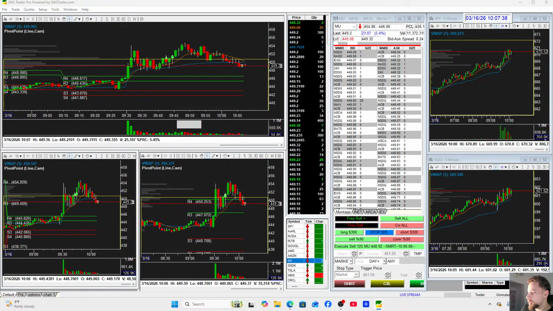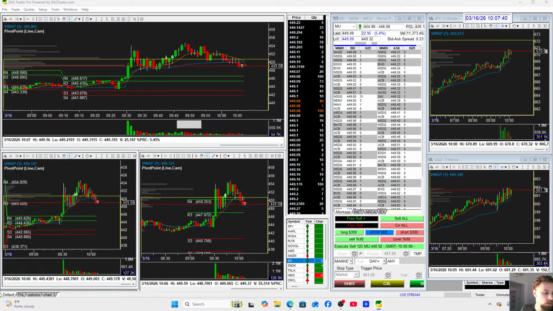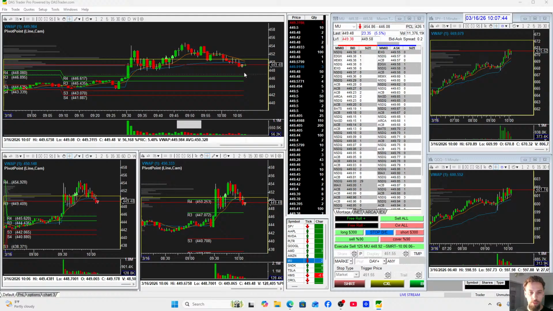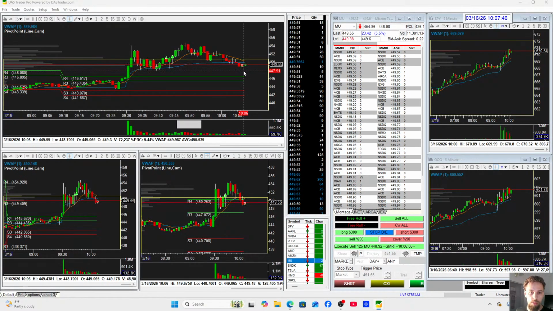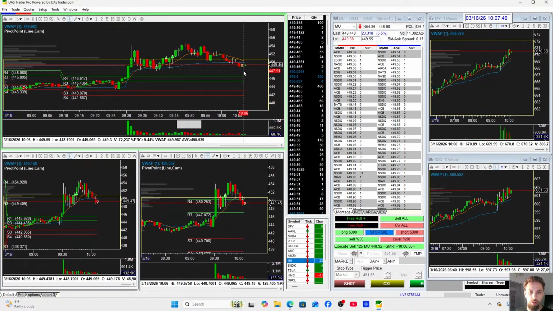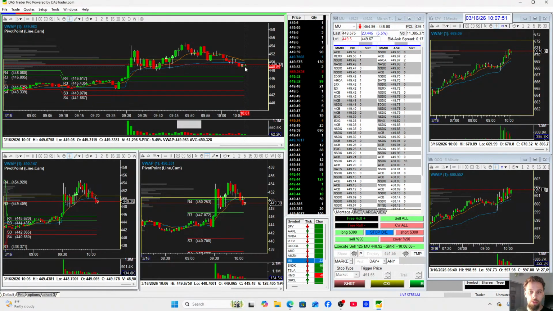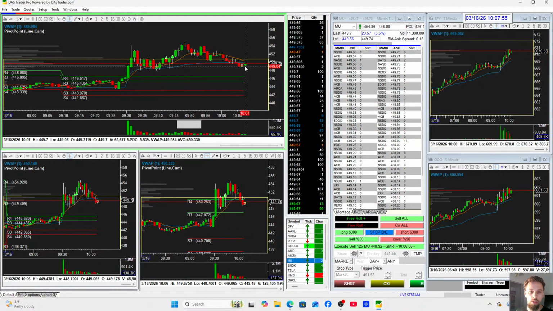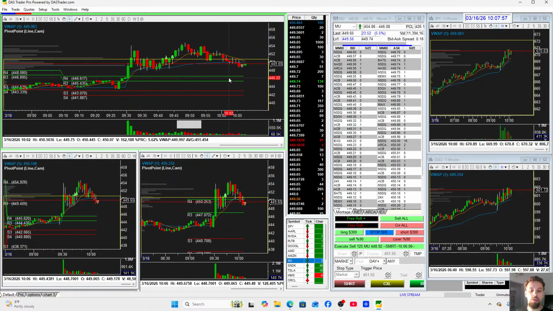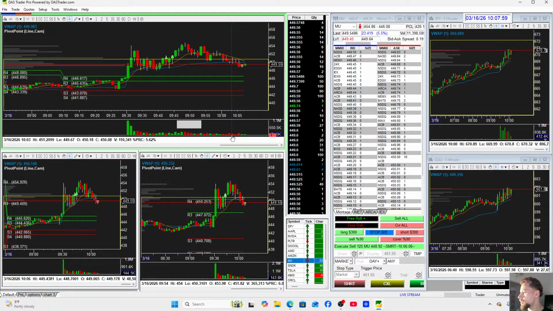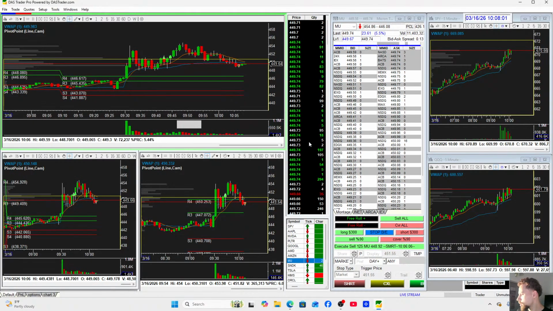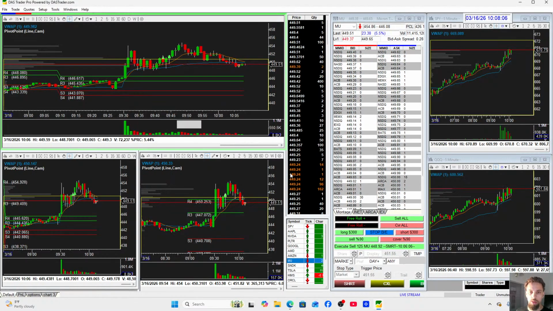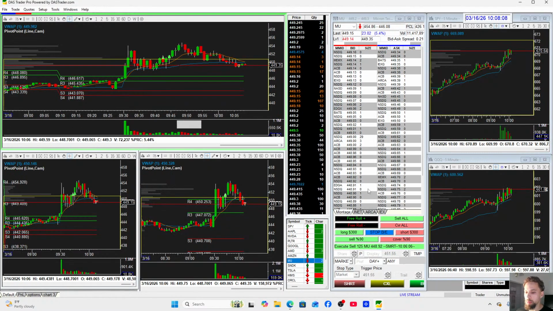It's going sideways now. MU, maybe I should have held my stop down to 447. I mean, we're below VWAP, so we'll figure it out. We'll figure out what we could have done better with that trade. Or where we went wrong.